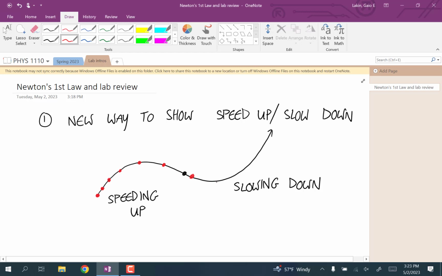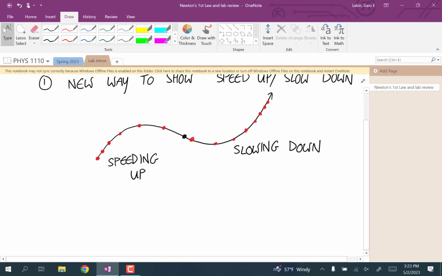On the other hand, if after it gets to this cutoff point it starts out far apart, and each time you take a new picture they're closer together, then the object is slowing down. And so without telling you it's speeding up or slowing down, you get the same information by seeing the snapshots of the object over those regular intervals.